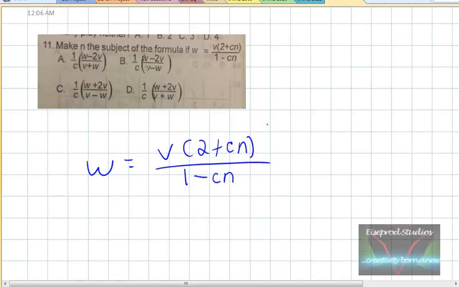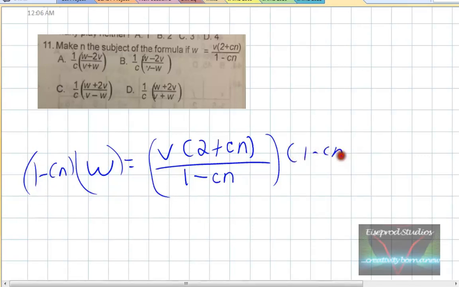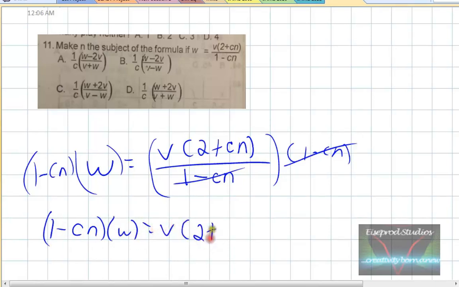The first thing I'm going to do is get rid of this denominator, and the way I'm going to do that is multiply both sides of this equation by the value 1 minus Cn. When I do that, the bottoms will cancel over here. And so now I can rewrite the problem as 1 minus Cn times W is going to be equal to V times 2 plus Cn.